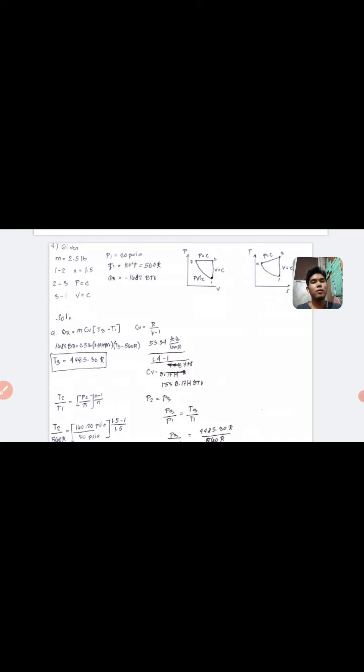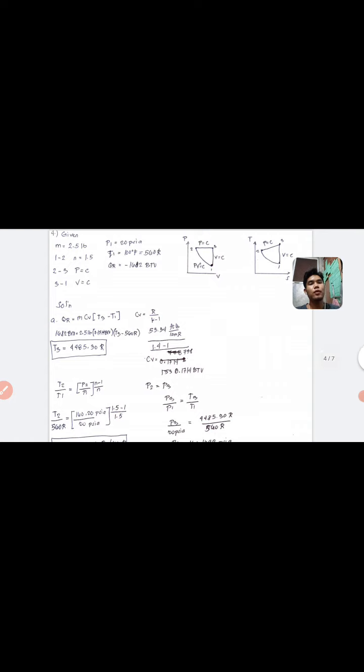As we all know that it is air, so the value of CV for air is equal to 0.1714 pound-foot over pound mass Rankine. It is not BTU, it is pound-foot over pound mass Rankine. So substituting the value of the QR, mass, the CV, and the temperature 1.